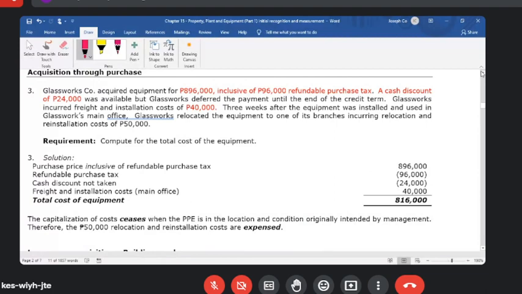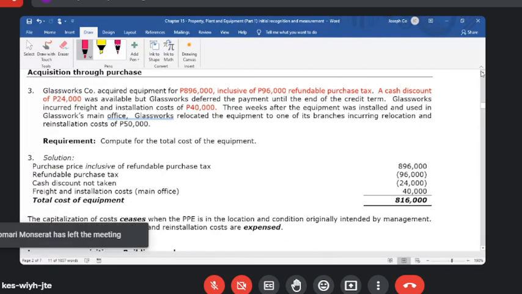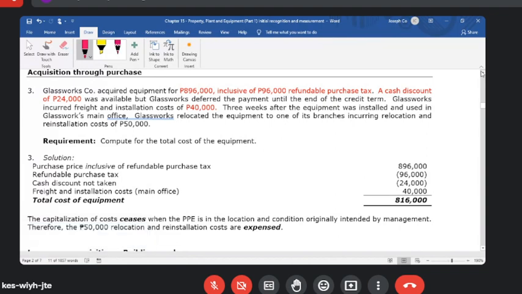And then, meron tayong plate and installation. Yes, now we capitalize. And then, may nasira tayo dito. Or pag may nasira po, expenses po yon. Tapos, tinanggal yung lumang equipment para ilagay po yung bagong equipment.